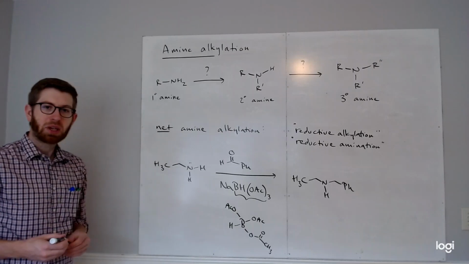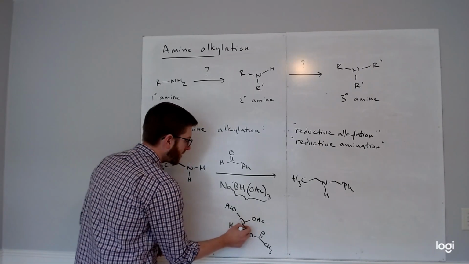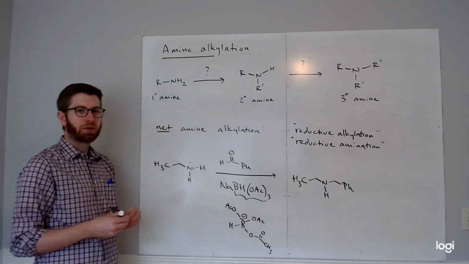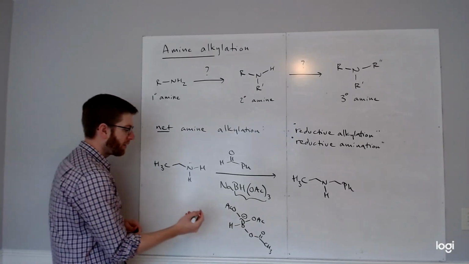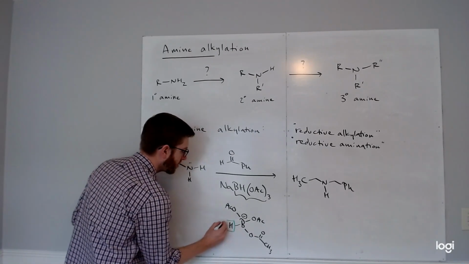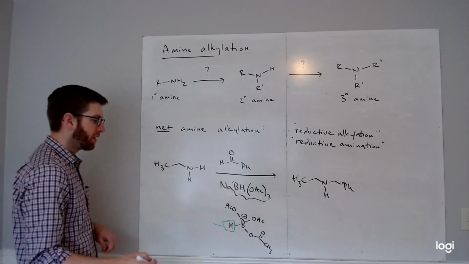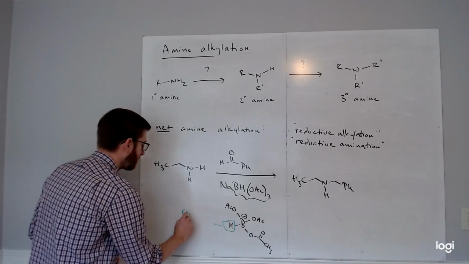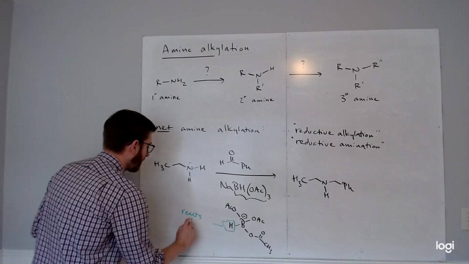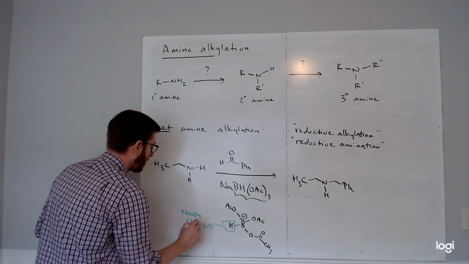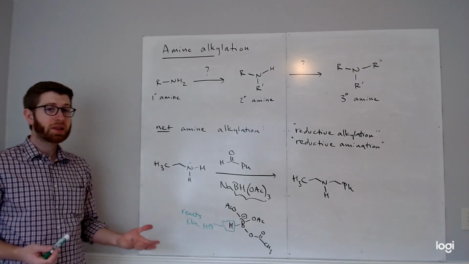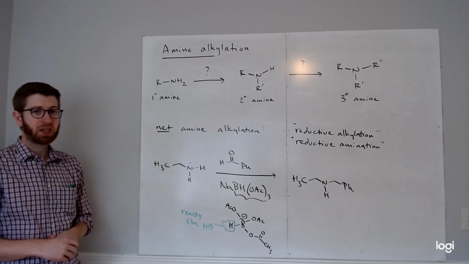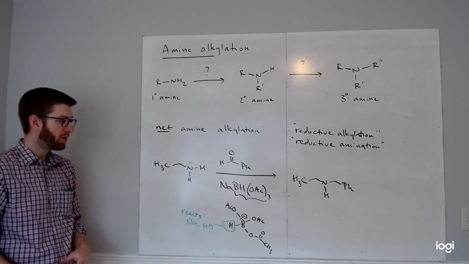I don't have a lot of space. And we know that if I've got 4 bonds to boron, the boron's negatively charged. So this looks a lot like borohydride, but we've got these acetoxy groups instead. This hydrogen here is going to react like a hydride. So we know that this is going to be able to reduce carbonyls and other things like carbonyls. Remember, this is back when we talked about sodium borohydride and lithium aluminum hydride.